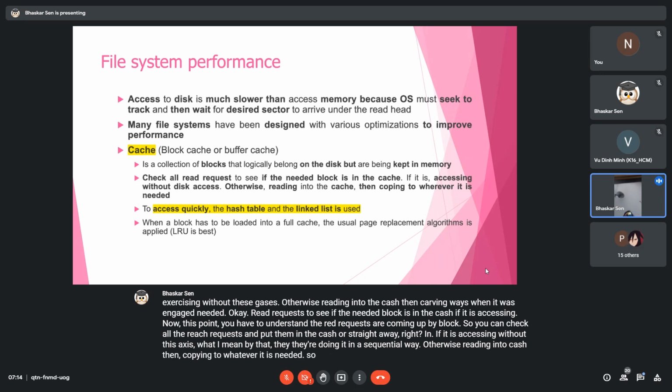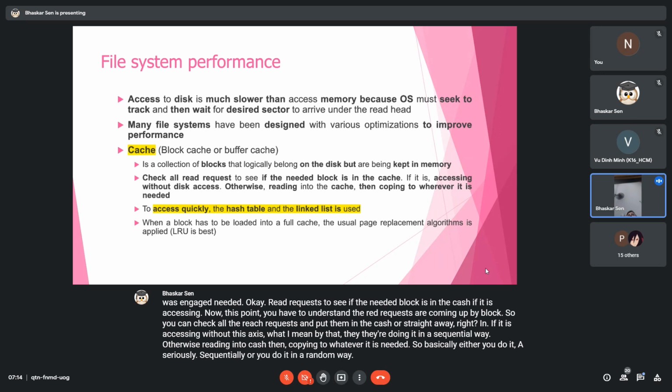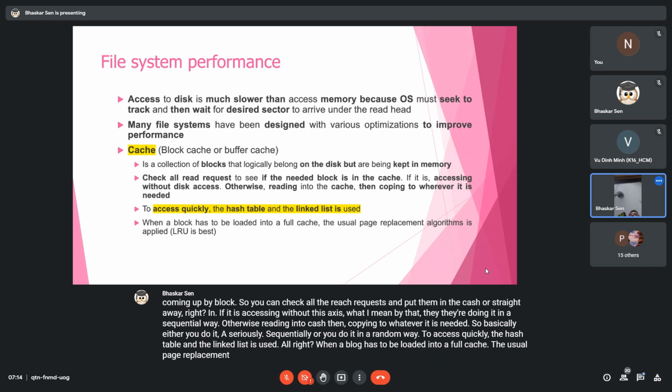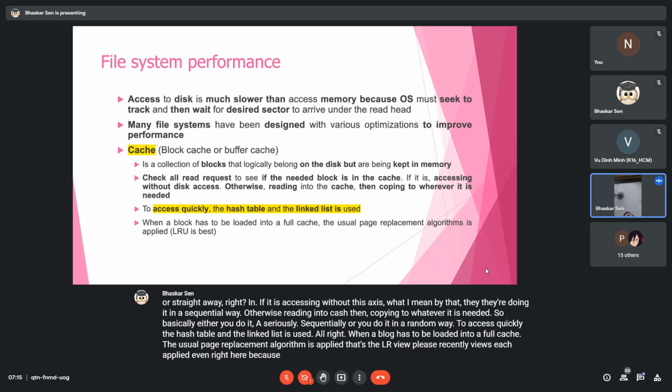So basically, either you do it serially, sequentially, or you do it in a random way. To access quickly, the hash table and the linked list are used. When a block has to be loaded into a full cache, the usual page replacement algorithm is applied. That's the LRU, least recently used, applied even right here, because you're going to put that block into the memory.